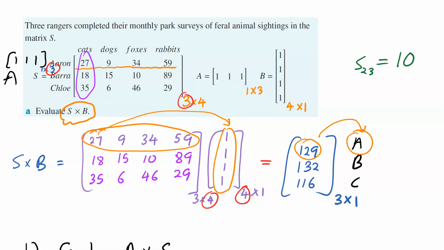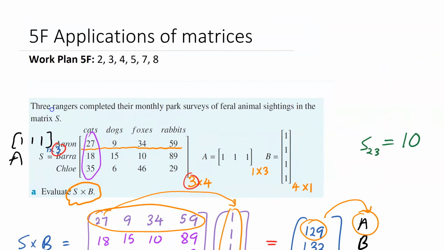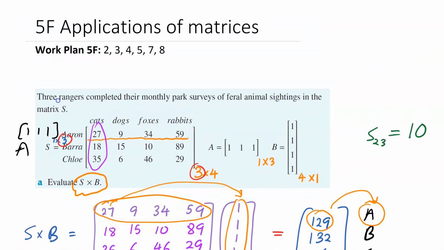And of course we use 1, 1, 1 row matrices or column matrices in order to find the total. So here we are looking at finding the total. I hope that clears things up, and you should now be able to go back and revisit the work plan in 5F and work your way through.